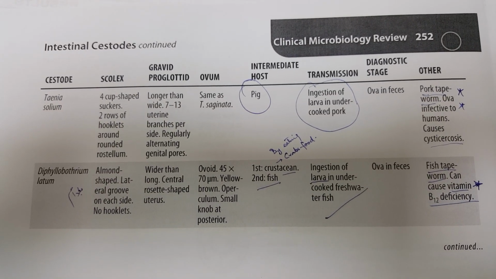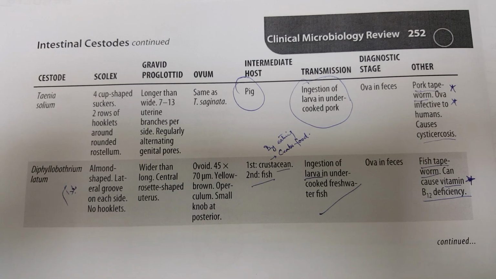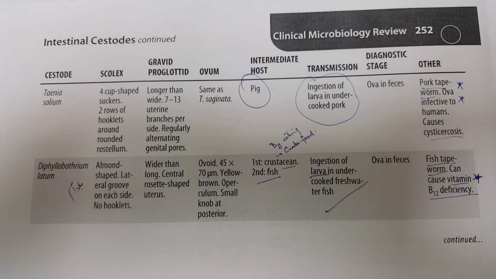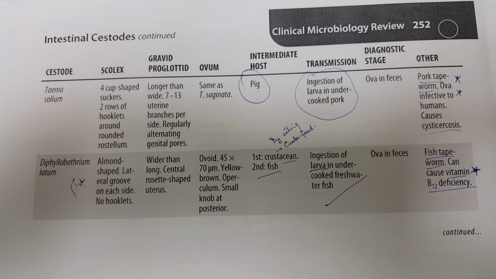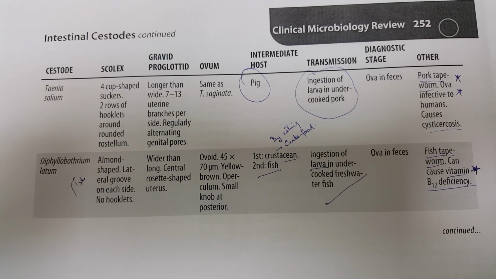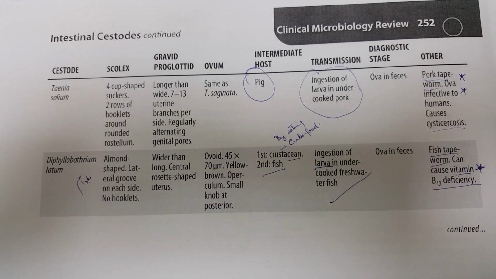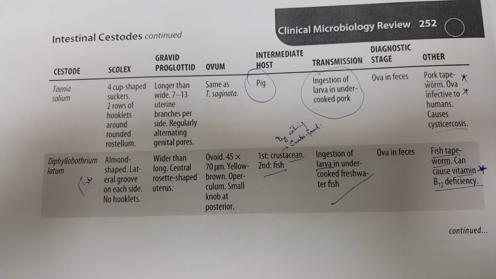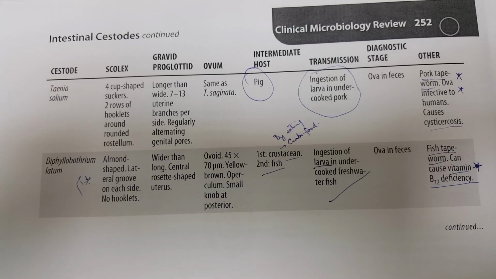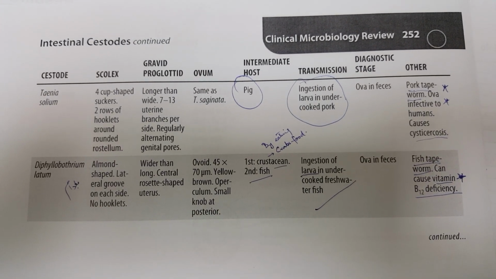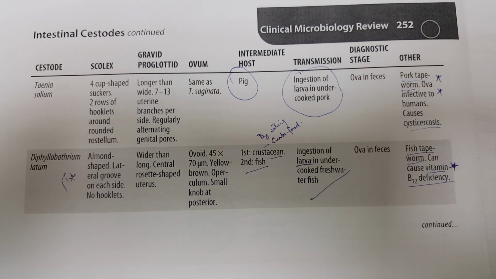The transmission route is the same as all the tapeworms we discussed previously: the larva in undercooked freshwater fish. The egg is almond shaped and there are no hooklets in Diphyllobothrium latum. It causes vitamin B12 deficiency, which is a very rare and unique property of this organism, because most of the worms cause iron deficiency and this organism causes B12 deficiency.